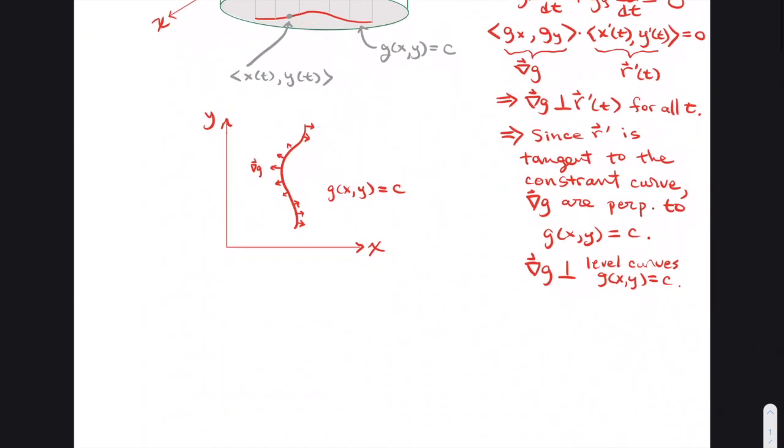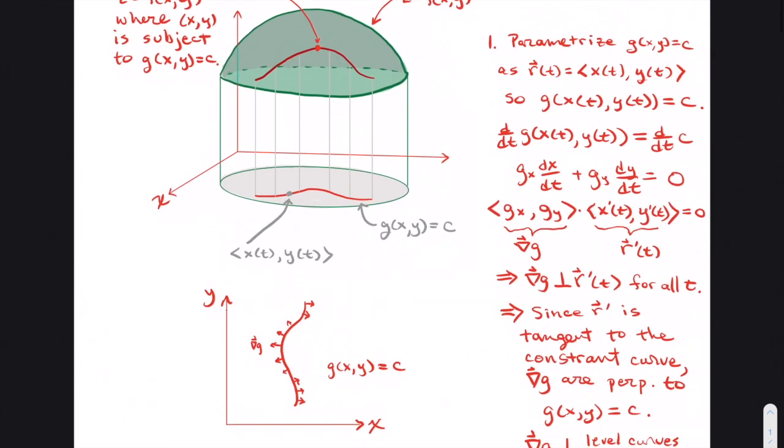Okay, so now next we want to subject our function z equals f of x y, which is, after all, what we want to maximize, subject to our constraint. Let's do that. This is like our second part of this development.